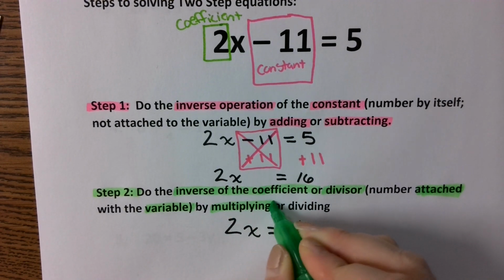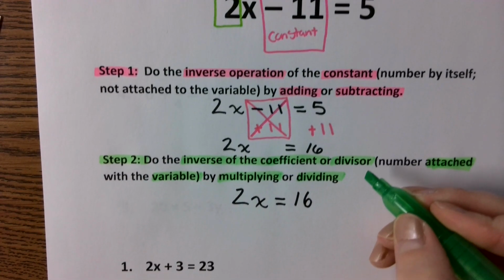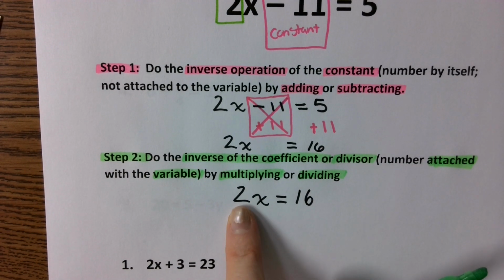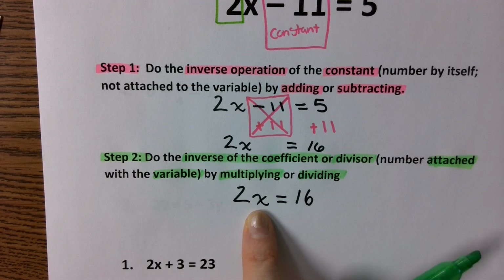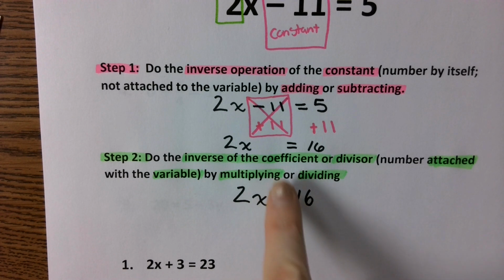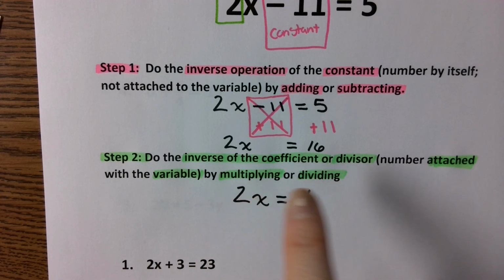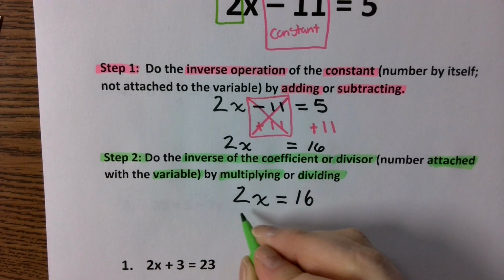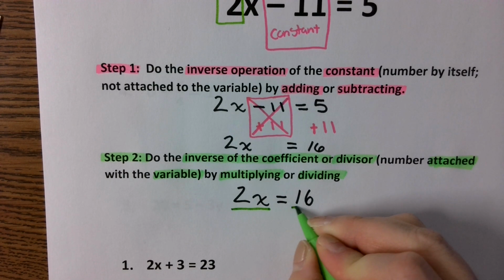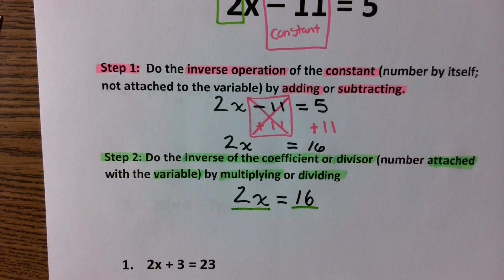And the only way that you can undo that is by multiplying or dividing. Okay, so we're looking here. It's 2x is equal to 16. So I see multiplication. So what should I do? Divide. And so we're going to divide. Now, guys, remember a fraction bar means division. Jaden, a fraction bar means division.